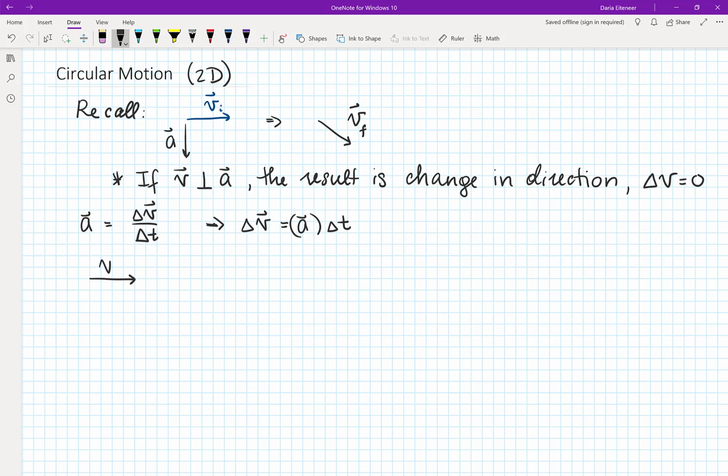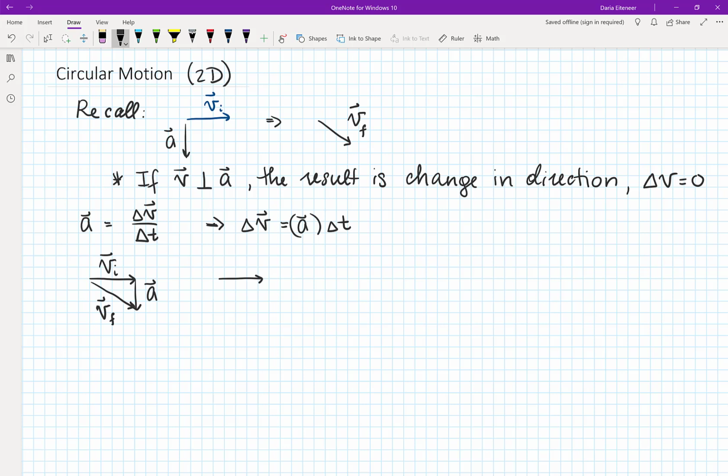So I'll have v initial, plus make this acceleration perpendicular, and I'm going to end up with something like this. Now it is actually hard to see that the initial velocity and the final velocity have the same speed. So it's kind of goofy the way that the textbook has it drawn.